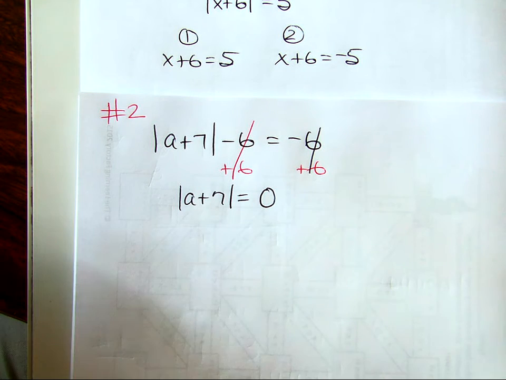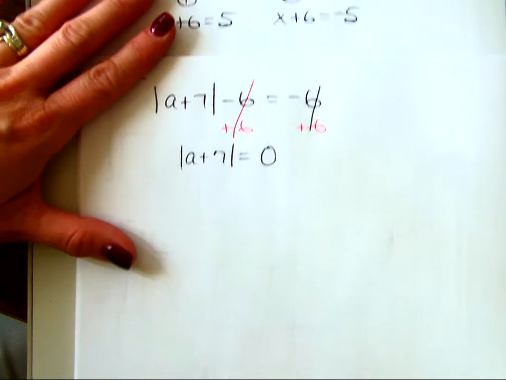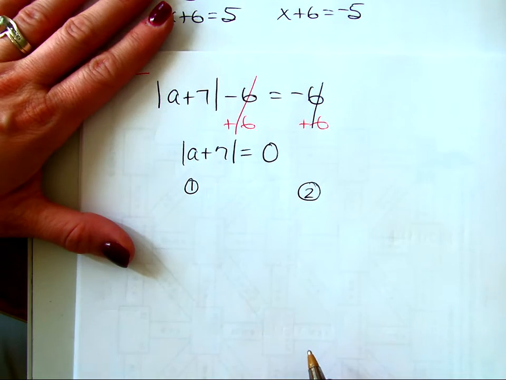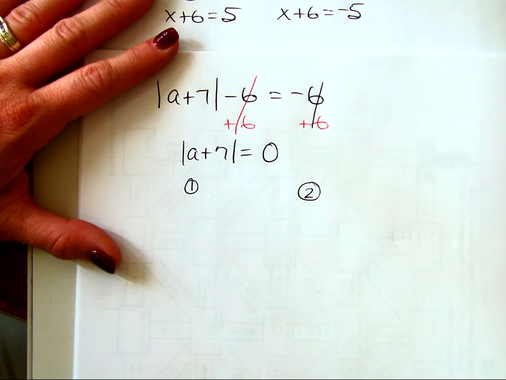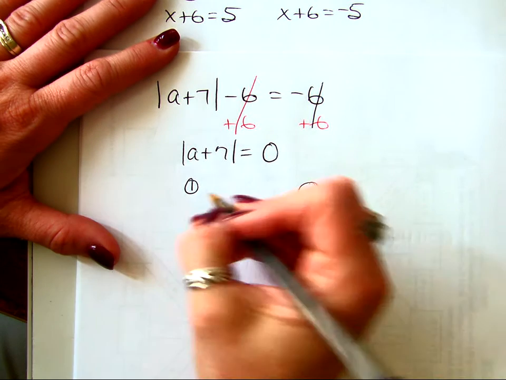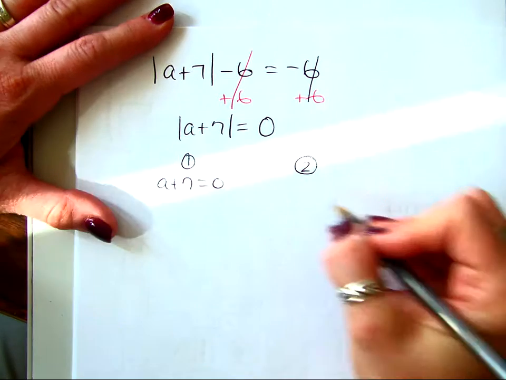Okay? But why do you think this is only going to have one answer? Think about when I go to set my two equations up. 0 is what kind of number? It's neutral. It's not positive. It's not negative. It's Switzerland, right? It's neutral. So when I go to set my equation up and I do an a plus 7 equals 0, I'm not going to go over here and say a plus 7 equals -0.